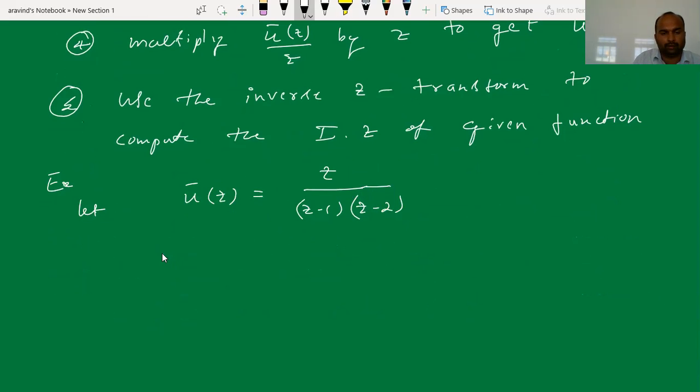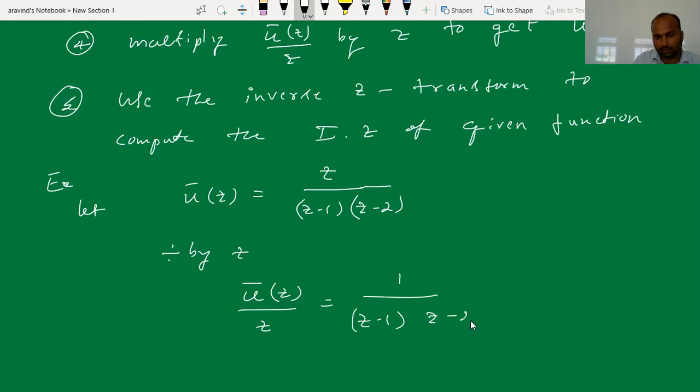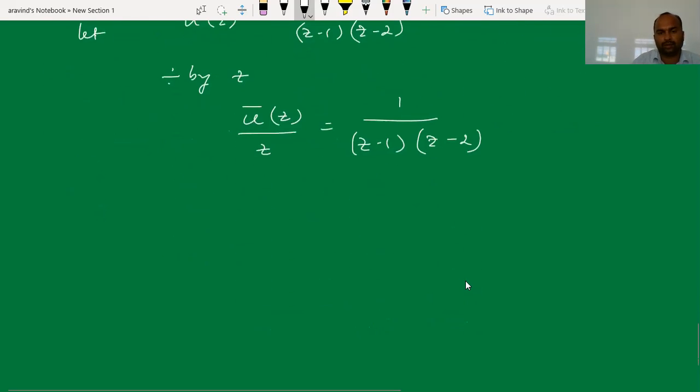So I'll divide this expression by z. When you divide it by z, it will be u bar of z by z equals 1 by (z minus 1) into (z minus 2). For the right hand side we have to use partial fractions.